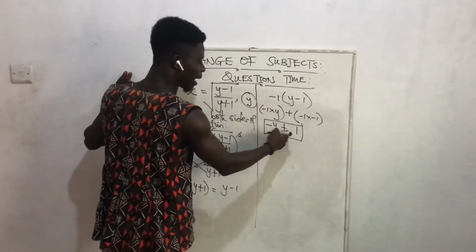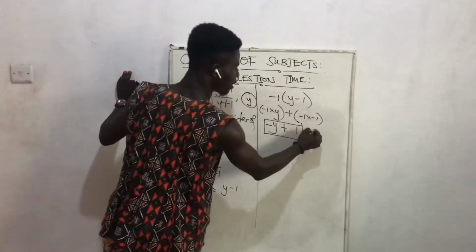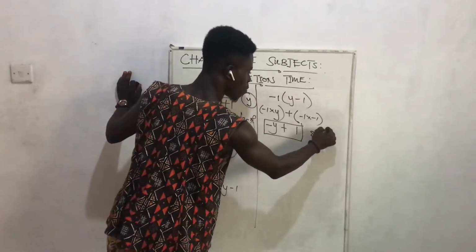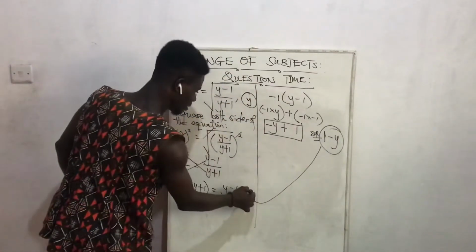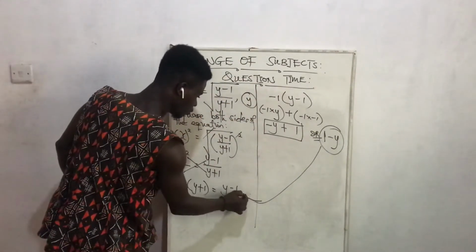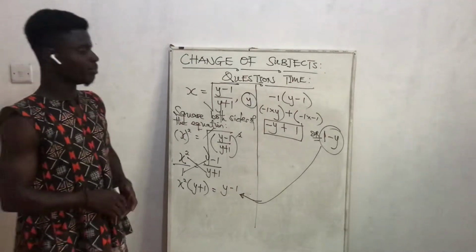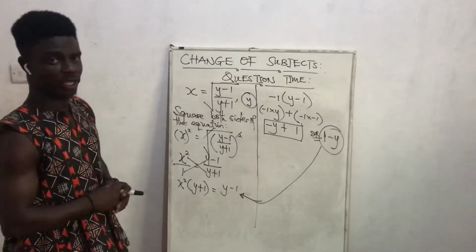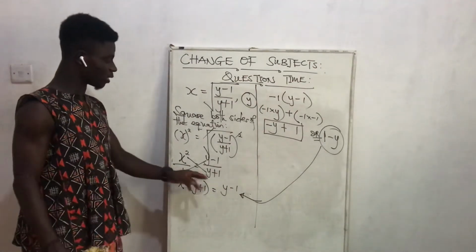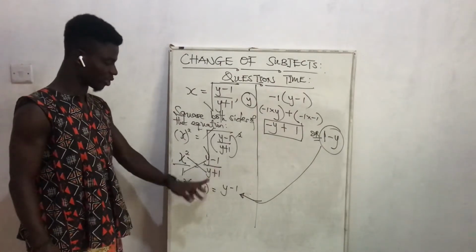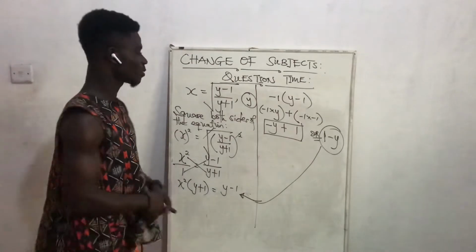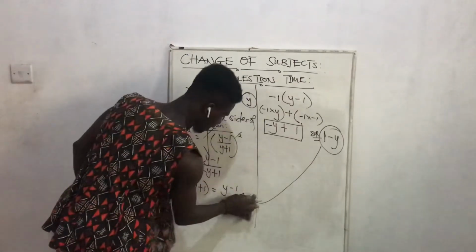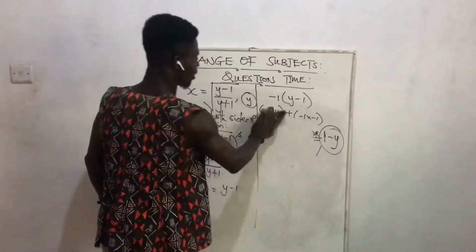So minus y plus 1 can also be written as 1 minus y. So it's not the same thing as the place here. Be very, very careful. This one, positive 1, is multiplying the whole of this expression. That's why you are getting y minus 1, same thing as that.